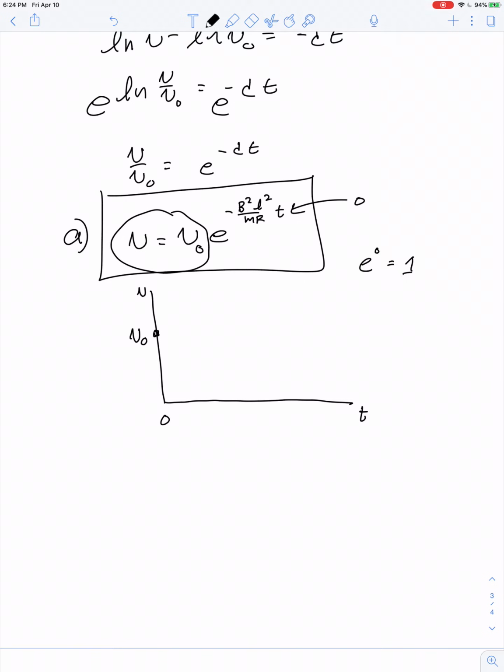And what if we substituted a very large number approaching infinity for t? Then we would have e to the negative something that approaches infinity, which is like having 1 over e to something approaching infinity, which gives us 0. So that agrees with our suspicion that the graph of velocity versus time would have this shape that depicts exponential decay.